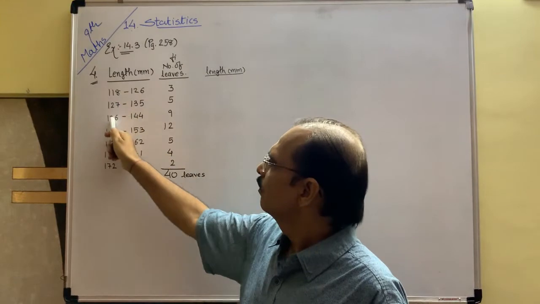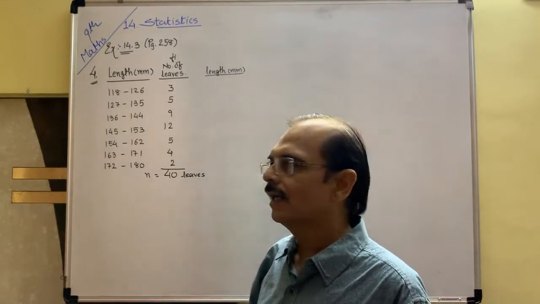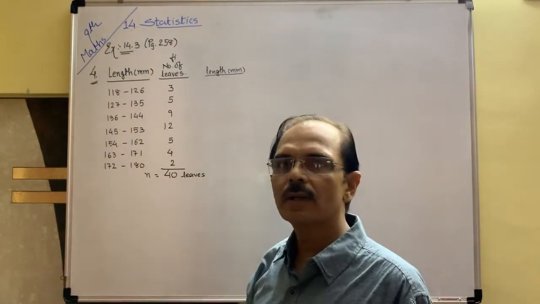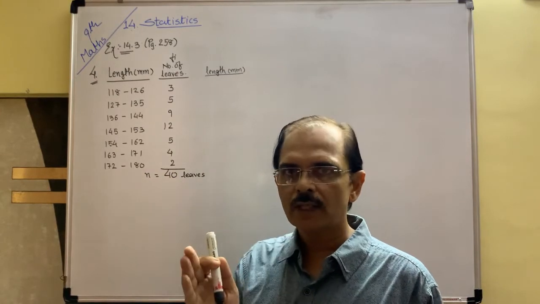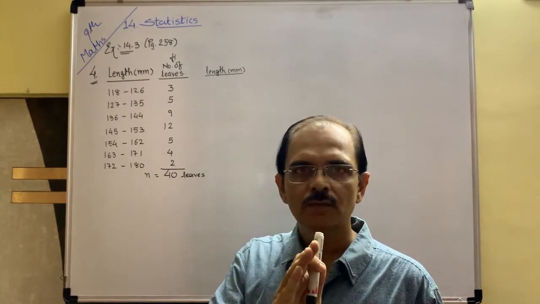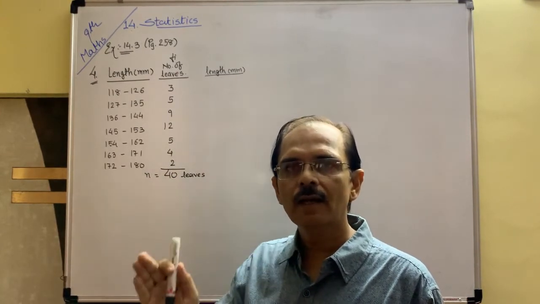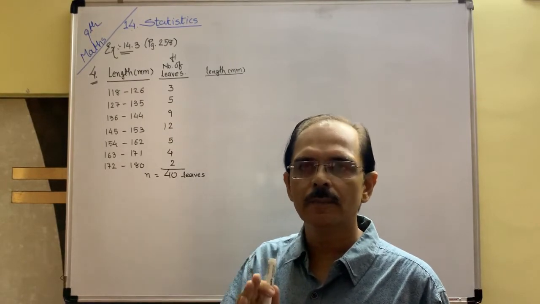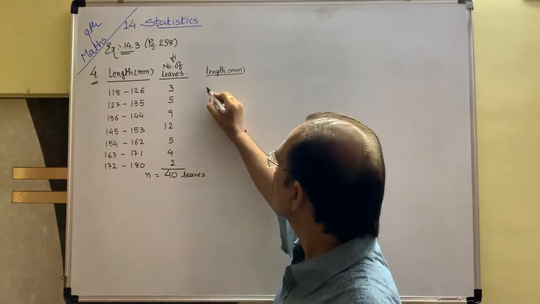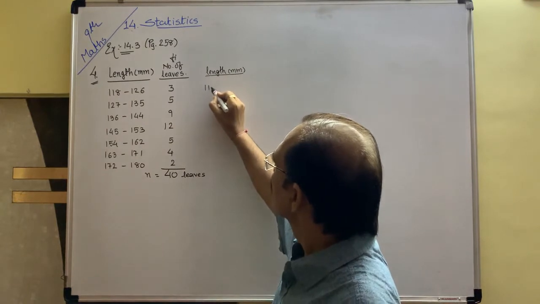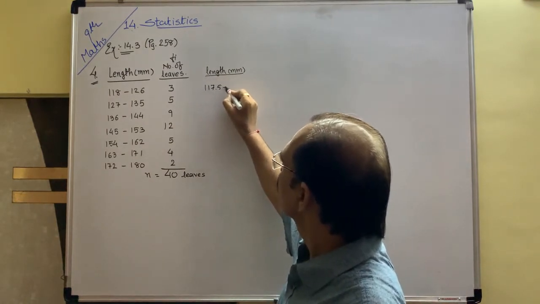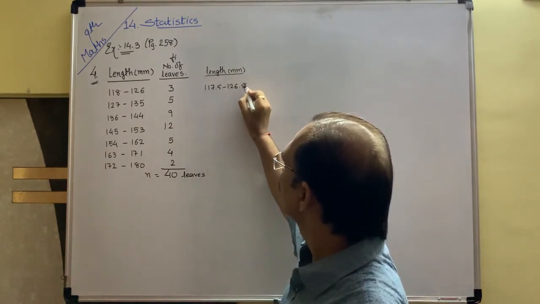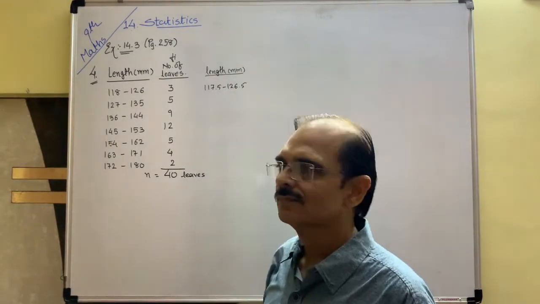Subtract 0.5 from the lower limit and add 0.5 to the upper limit. Here it is 118, so I should write 117.5 to 126.5. Here subtraction, here addition.